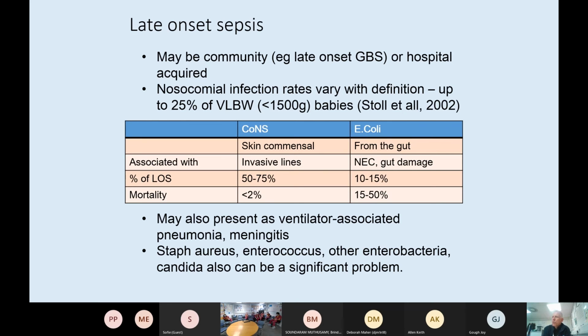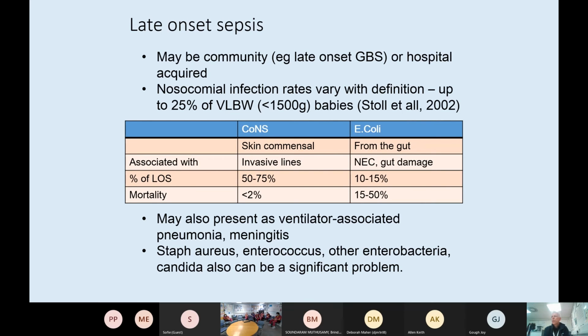It occurs in up to 25% of very low birth weight babies. I think we've made quite good strides across the world in reducing nosocomial infections with better line care and quality improvement projects, but we've still got a long way to go.